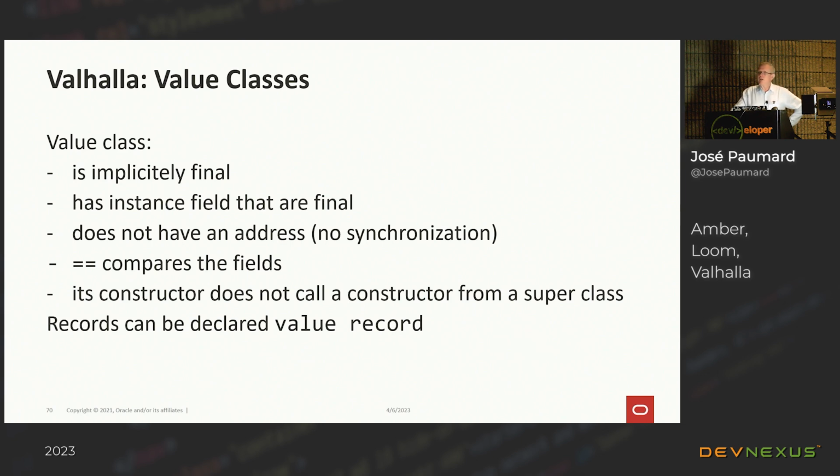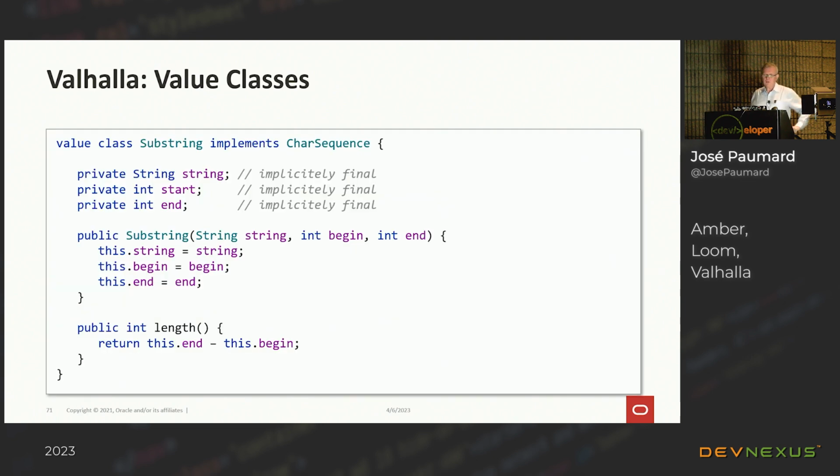So that's a kind of object that is a little special in the zoology of objects currently. That's, for instance, a value class, just declared with value, and all the rest is a regular class, just not compiled in the same way. There's specific bytecode stuff in it, so that the JVM can optimize that in the right way.